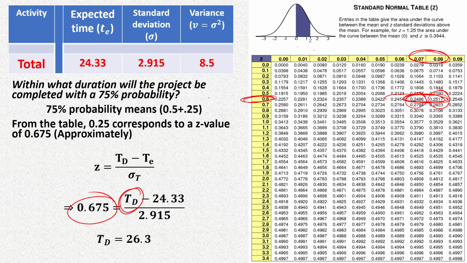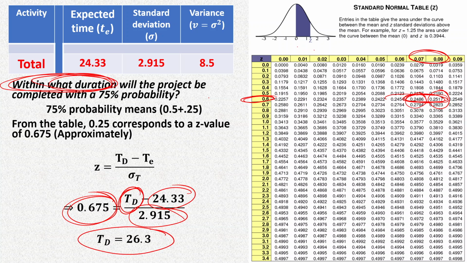That duration TD we are going to find out, and this is the z value, this is the mean, this is the standard deviation. From this we found that TD, the duration within which the project will be completed with 75% probability, is 26.3 days.